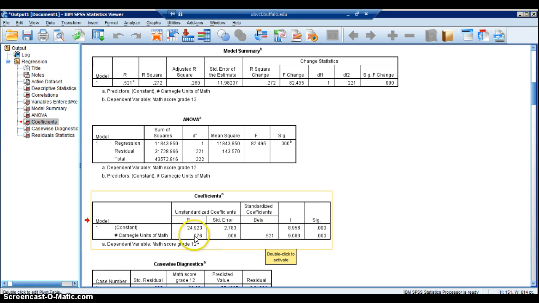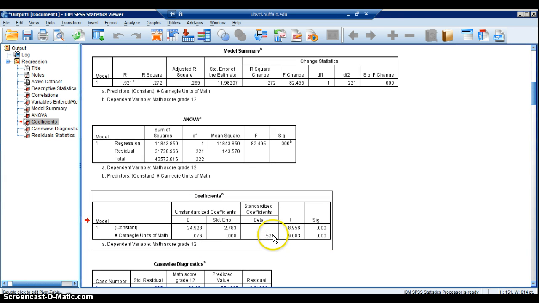If we take a look earlier at the 0.076, the unstandardized coefficient, we interpreted that as: when math units increase by 1, math achievement goes up by 0.076 points.